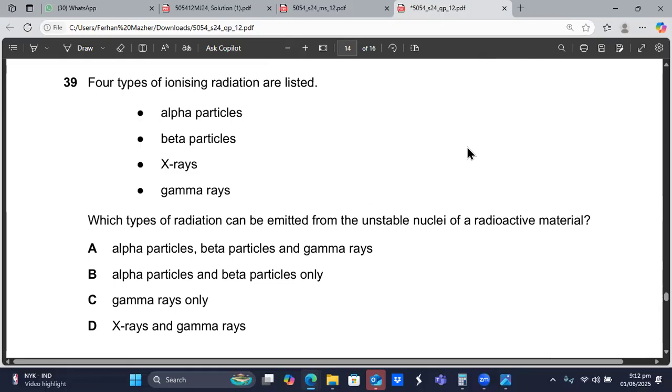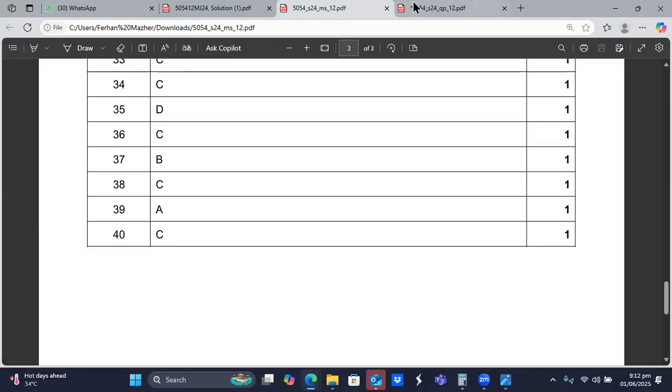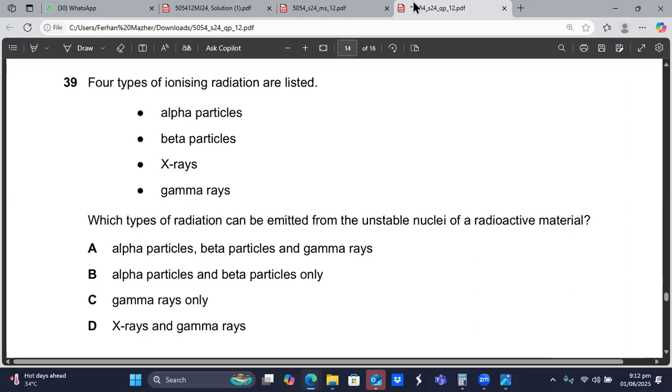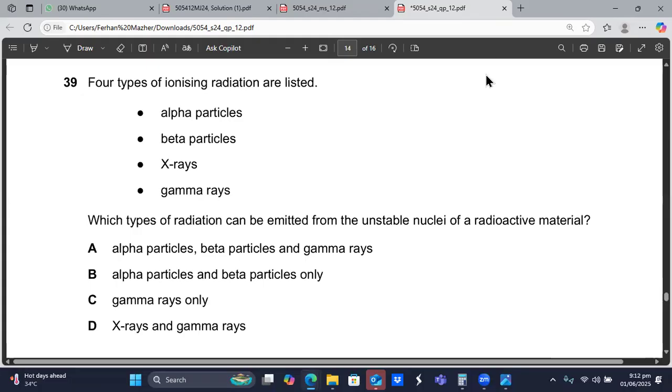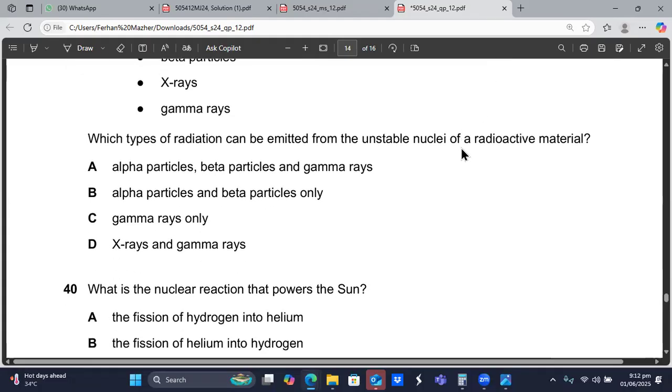Alpha particles, beta particles, and gamma rays. X-rays? So I think A is the right option, sir. X-rays do not come from a radioactive decaying unstable nuclei. Question number 39. A is the right option, sir.